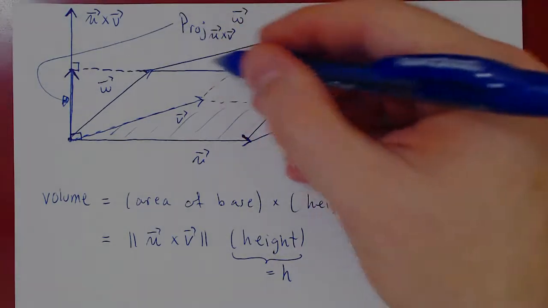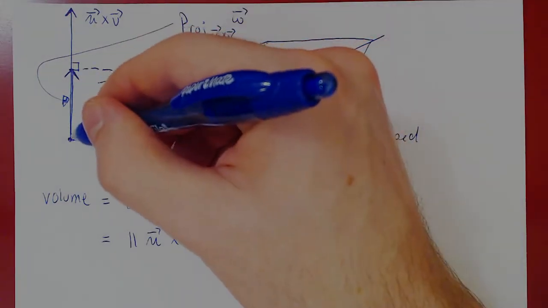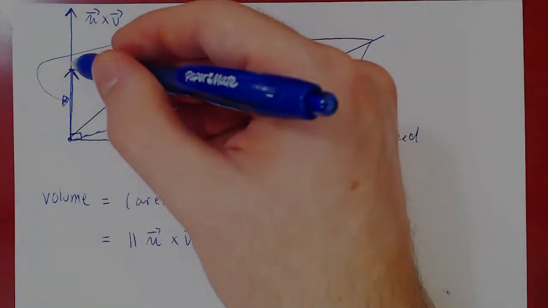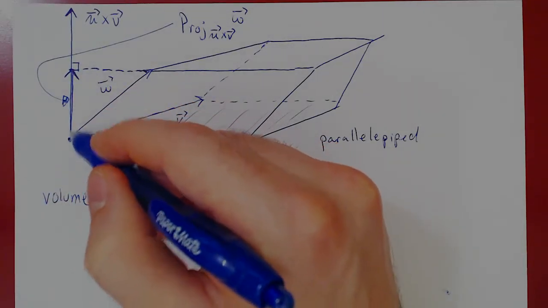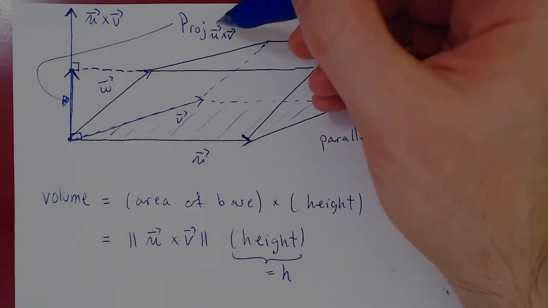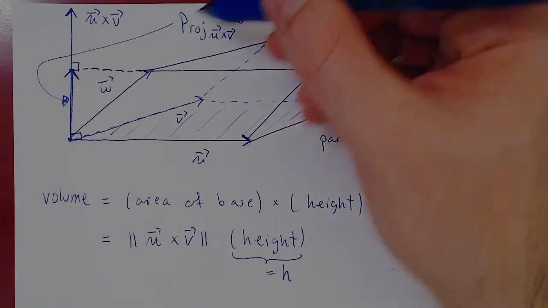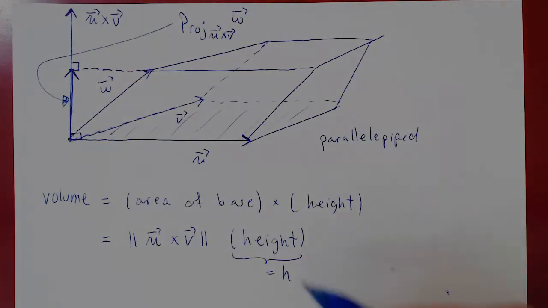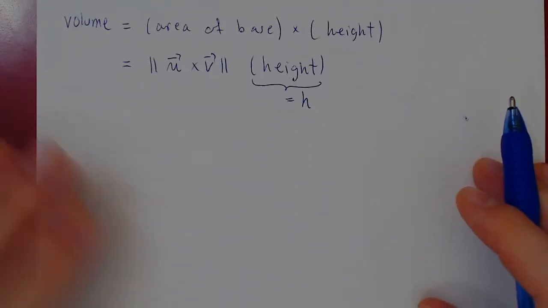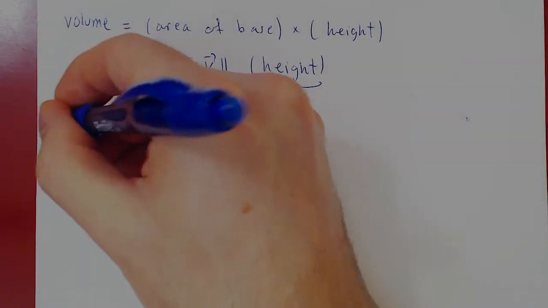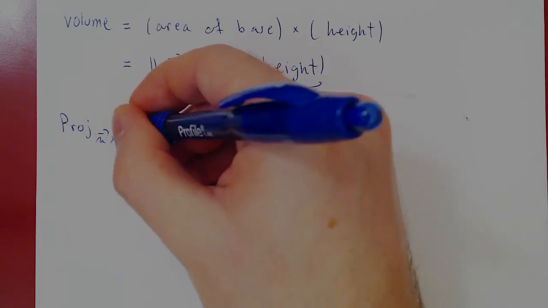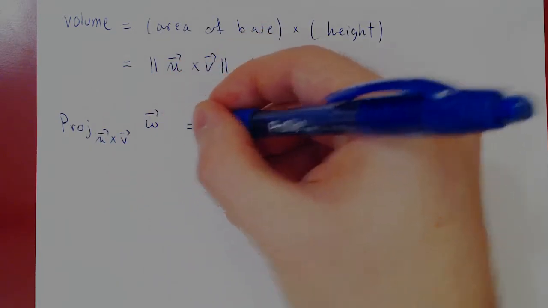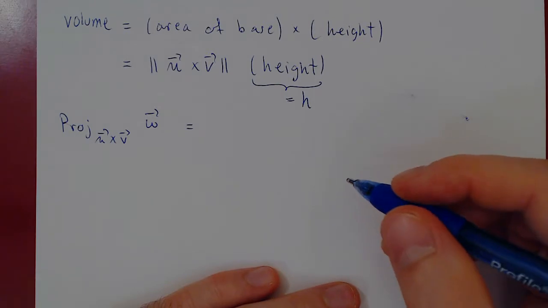And now this vector will be of the right length because it is the orthogonal projection. Therefore, the endpoint is exactly where the height of our solid ends. So now let's find this vector, and then the length of this vector will be the height of the solid. So let's compute this projection and see what comes out of it. We want the projection onto u cross v of vector w, and now recall the formula for the projection.